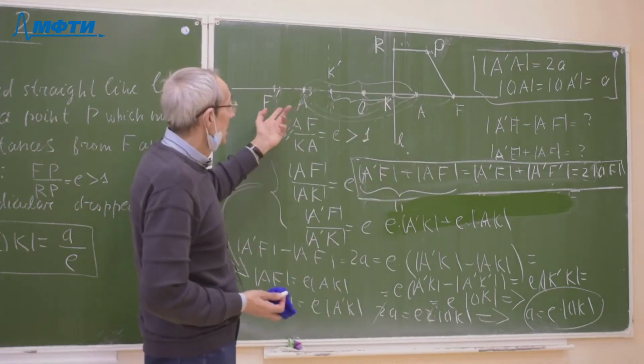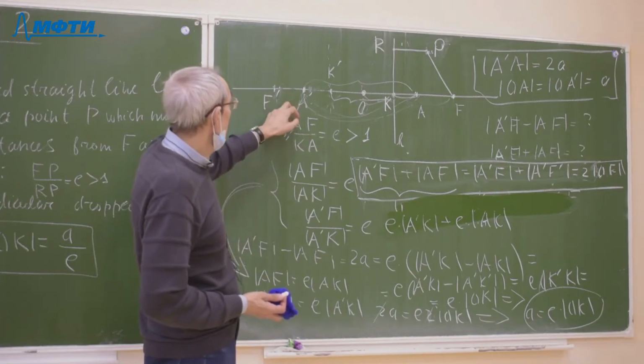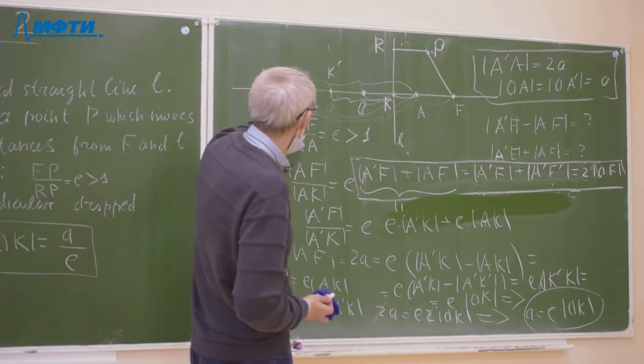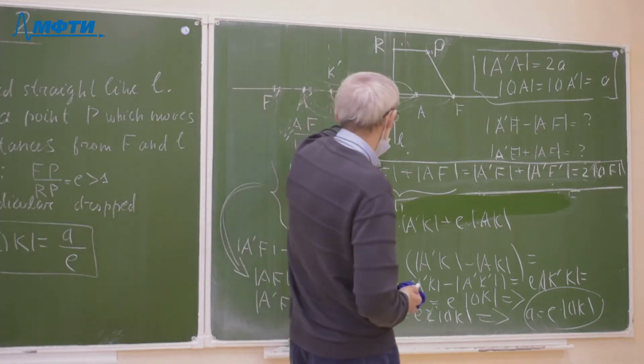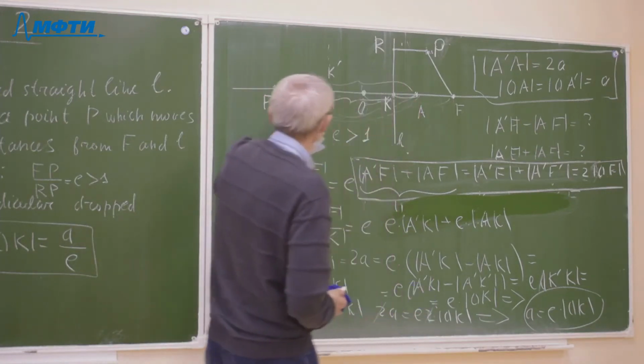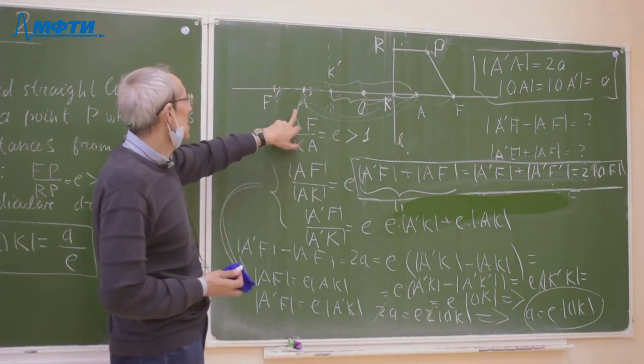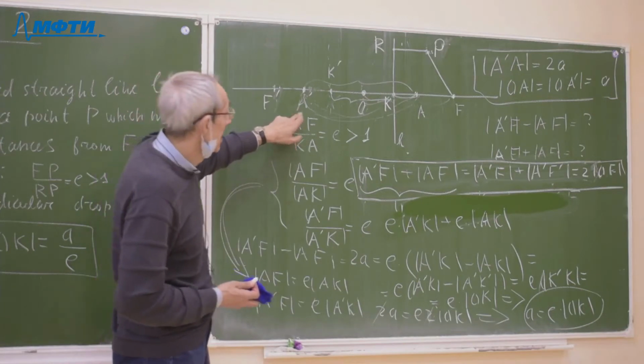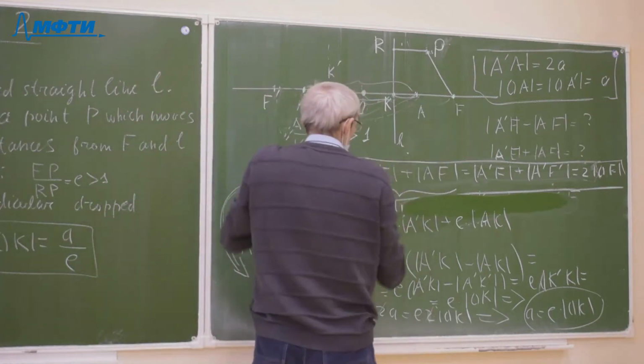As was mentioned above, the sum of distances A prime K and KA is exactly equal to the distance between points A prime and A. This distance.